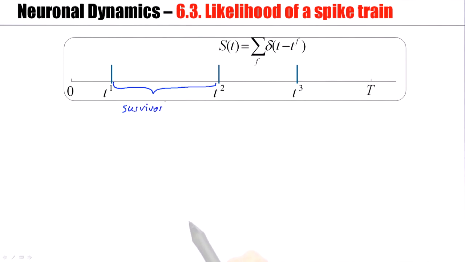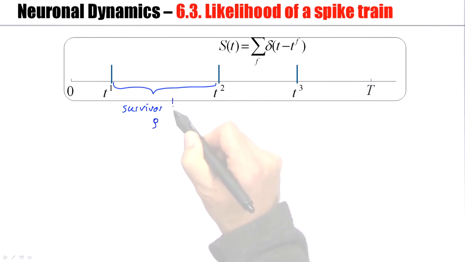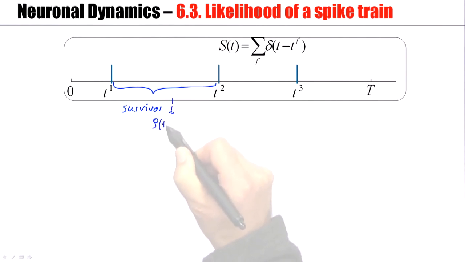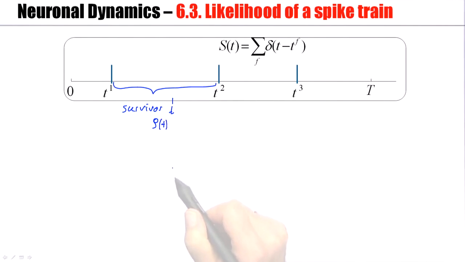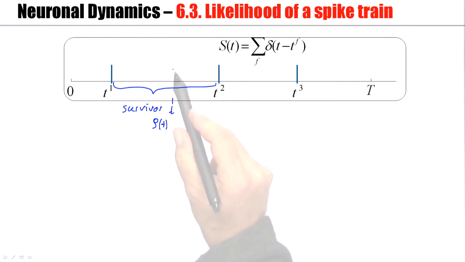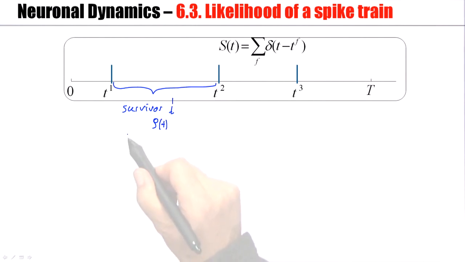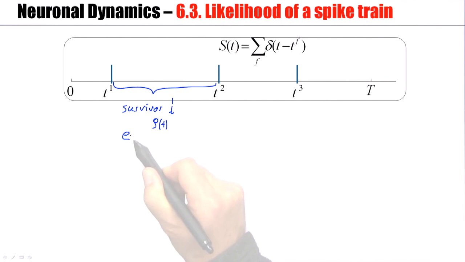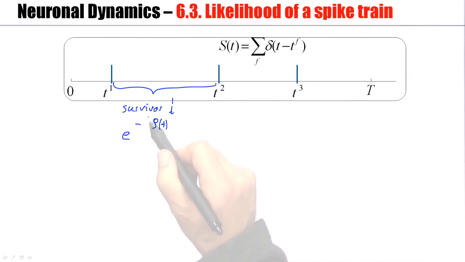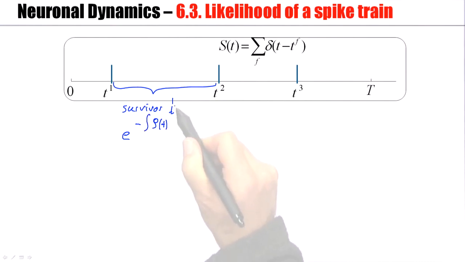Well, it's given by the survivor function. At each moment, the neuron has a certain rate of firing. At this moment, say t, it has a certain rate rho of t. But we observed that it did not fire. The probability to survive without firing decays exponentially.